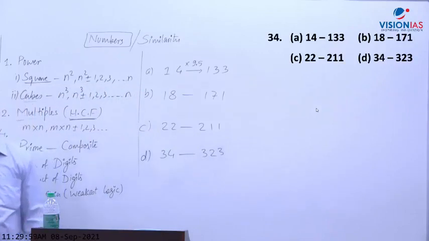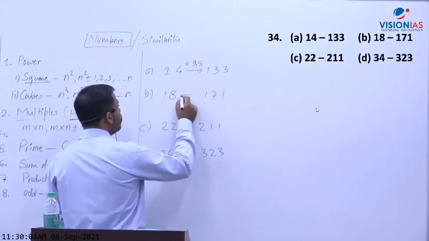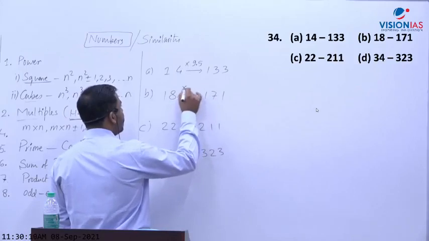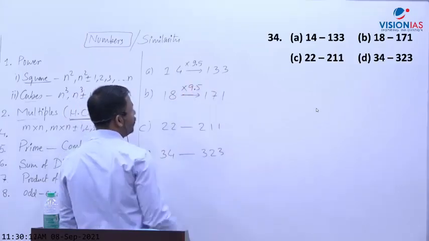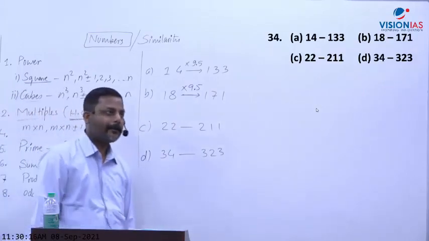If we multiply 14 with 9.5, what we will get? We will get 133. Here also 18 multiplied by 9.5 is 171, isn't it?